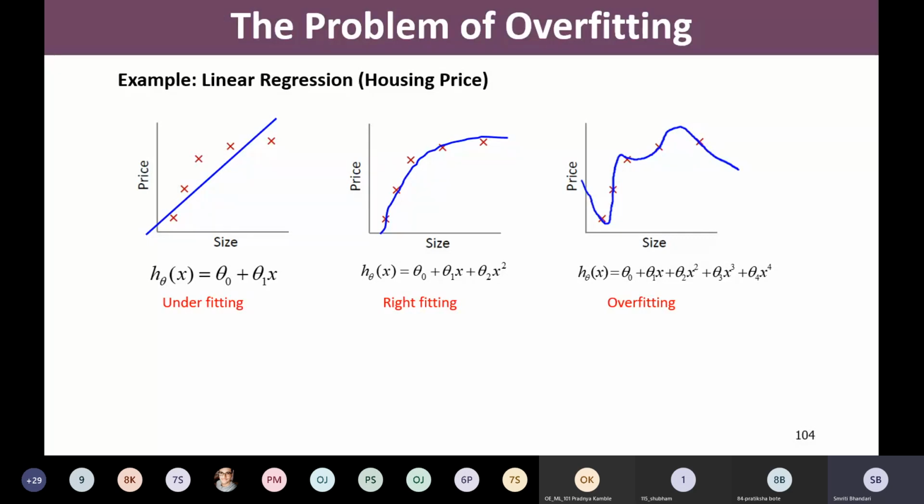For the training data set, it may produce an error that is almost zero. But it may happen that if I select such a hypothesis, it may not generalize well. What does this mean? This means that if afterwards I present some unknown data samples to my model, these samples may not be predicted correctly, right?